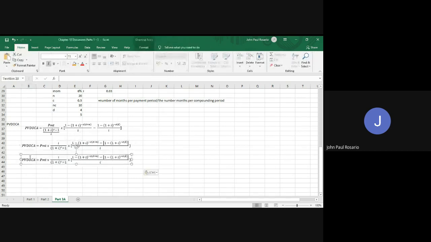Okay, so let's multiply first this negative sign to this enclosed sign. So negative times 1, that would be negative 1. Oh, because I put it in a bracket. Or did I? Yeah, I did.